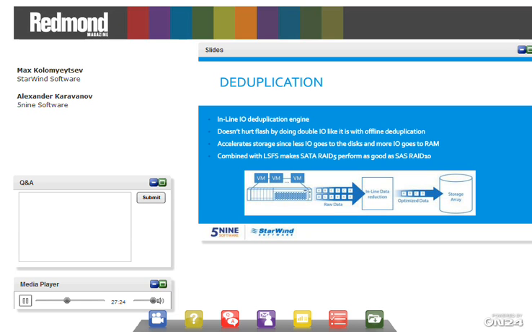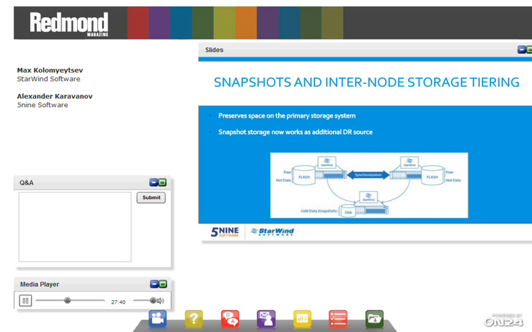Thank you. Now, of course, these features do not come alone, and we have added snapshots and tiering to our system. Now, with snapshots, I think everyone's familiar with the technology. There is nothing so special with it, except snapshots being really easy and really precise in the log-structured file system.